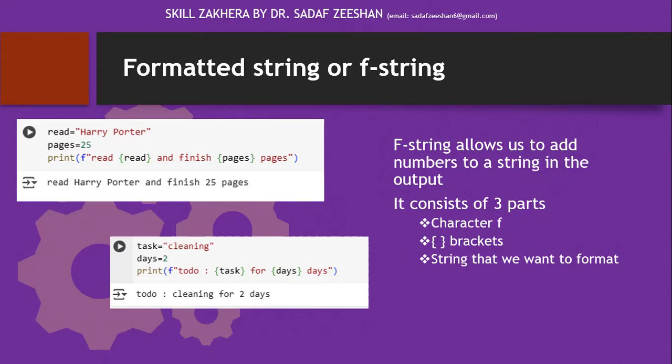So you can see it is going to display to do colon as it is because it was in the double quotes. Then the variable task is going to be replaced with cleaning because I've already assigned the variable equal to cleaning. For then days is going to be replaced with 2 as I've assigned the variable days a value of 2, and then days as it is. So I hope this is clear.